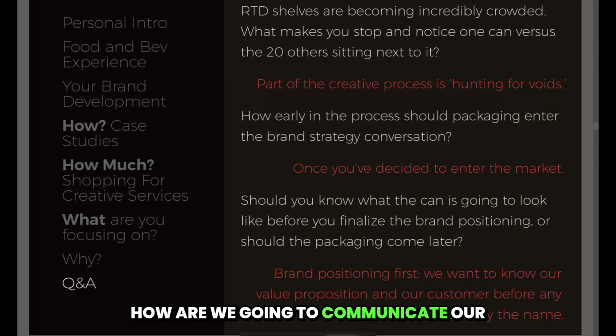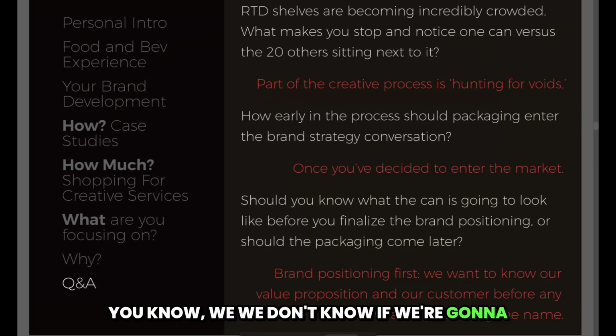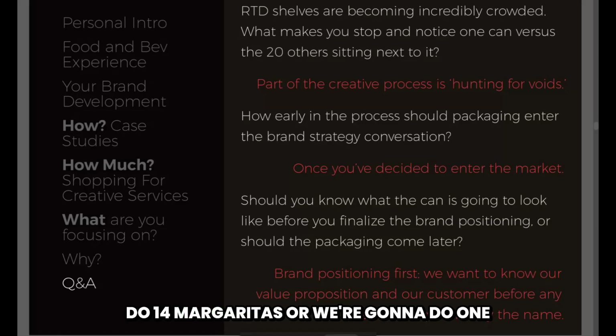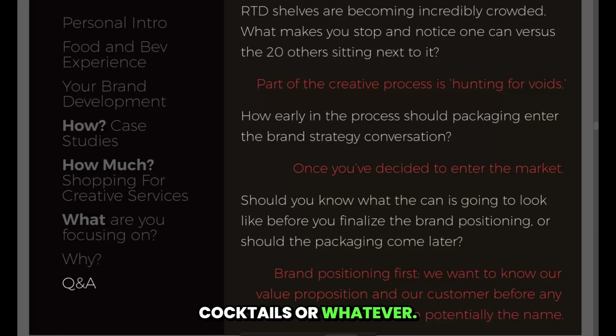How are we going to communicate our solutions to those problems? So I pretty much tell my clients, it's really difficult to call me too early or come up with a creative partner too early, especially if you're still working out your product strategy. We don't know if we're going to do 14 margaritas or one margarita and a bunch of other classic cocktails or whatever.